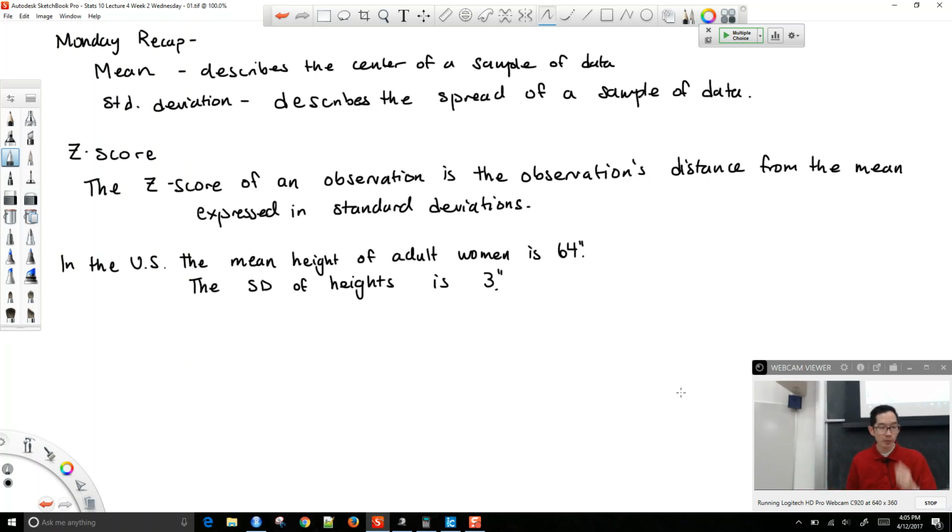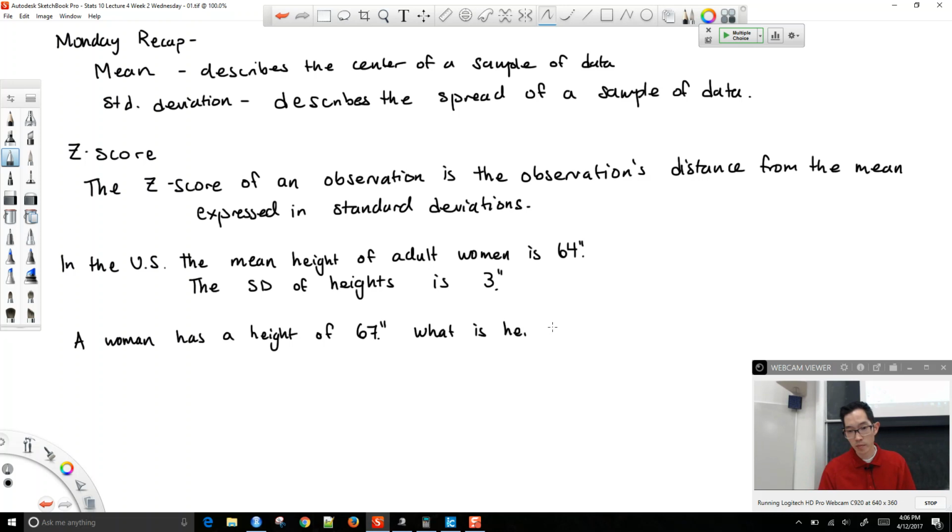Okay, and so keep in mind the z-score of an observation is that observation's distance from the mean expressed in standard deviations. So we'll say a woman has a height of 67 inches. What is this person's z-score? Her z-score is 1.